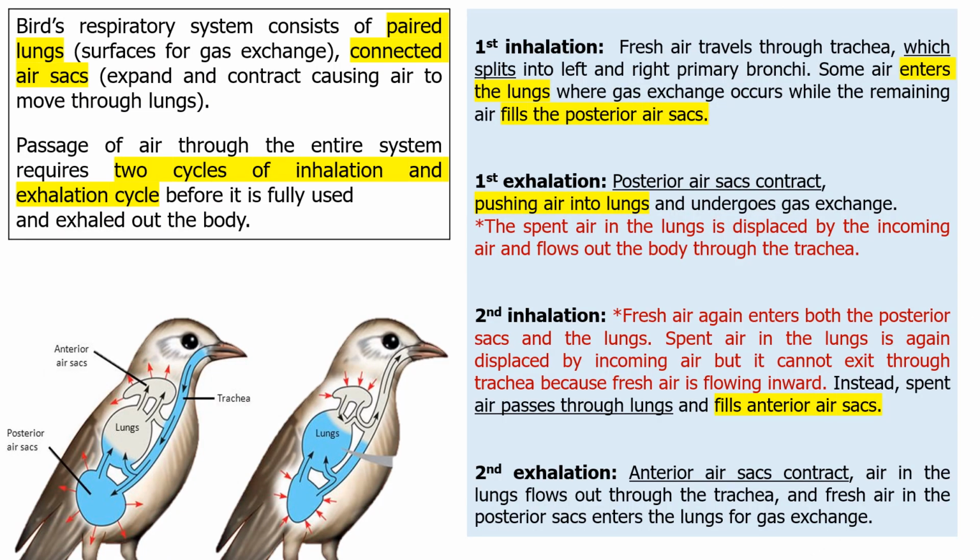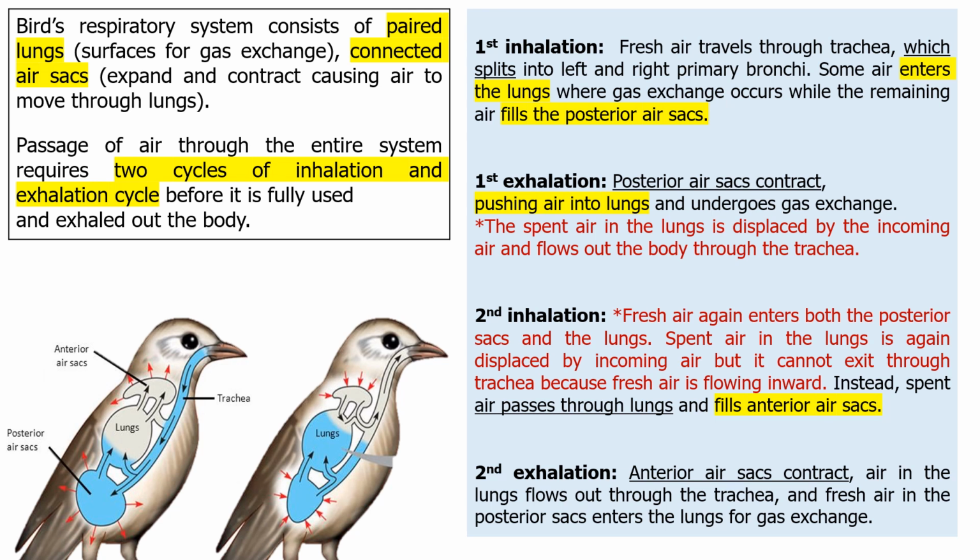Last, avian gases exchange. I can say that it is a bit complicated. That is why I try my best to include all the important notes here. Basically, passage of air through the entire system of birds requires 2 cycles of inhalation and also exhalation, meaning that there will be first inhale, second inhale, first exhale, and also second exhale before it is fully used and exhaled out of the body.